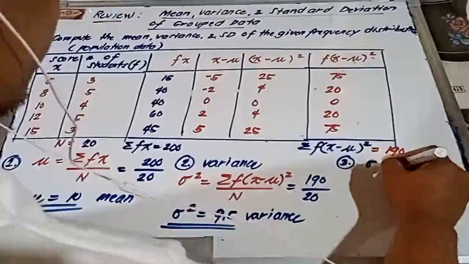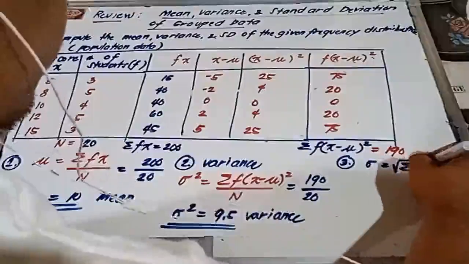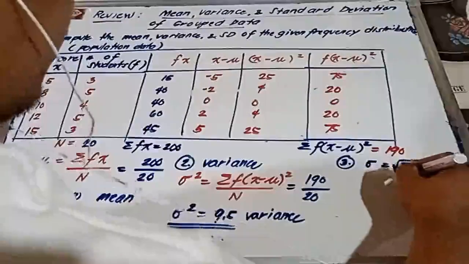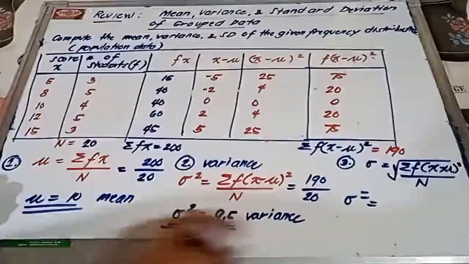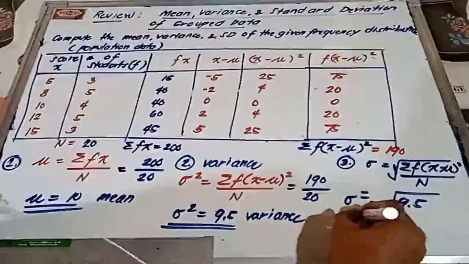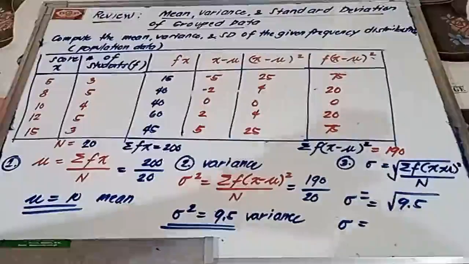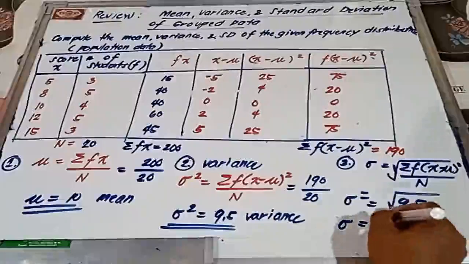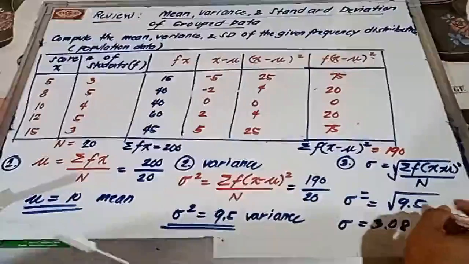Sigma equal to square root of this one, summation of f(x minus mu) squared over N. Therefore, the population standard deviation is just the square root of the variance, square root of 9.5. Square root of 9.5 is equal to 3.08. So 3.08 is our standard deviation.